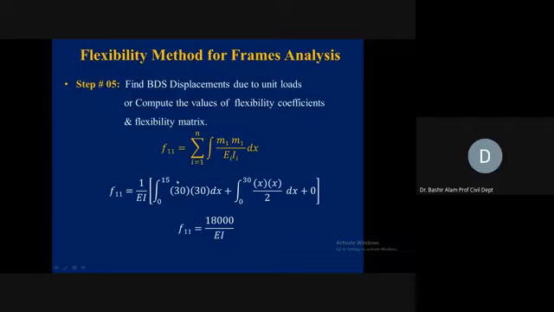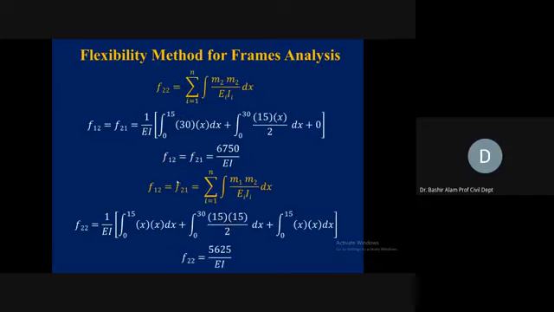F11 is calculated as 18,000 over EI. Next, we go to F22, which will be the product of m2s now. Here F12 is equal to F21, and we are finding that out.